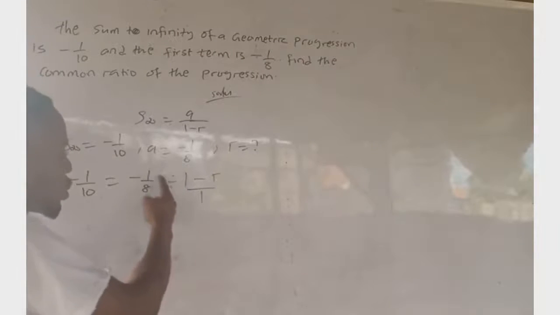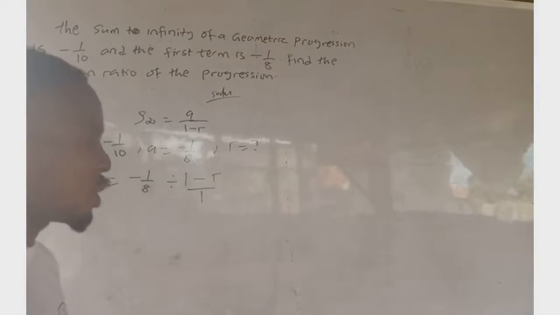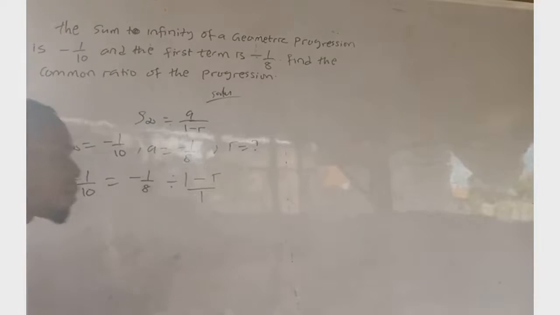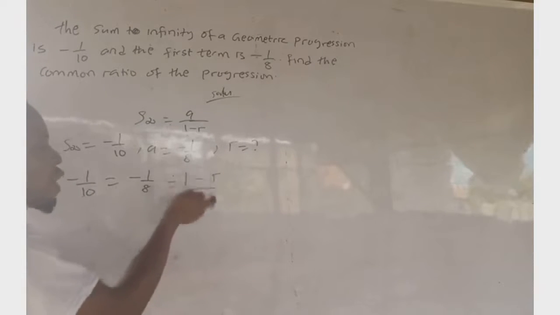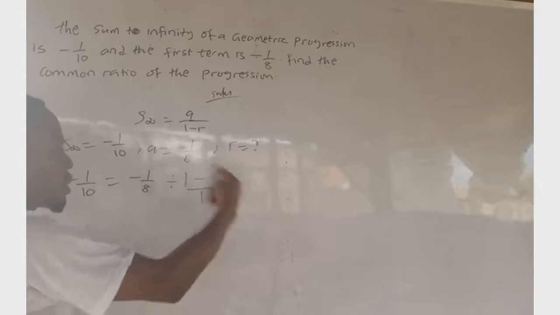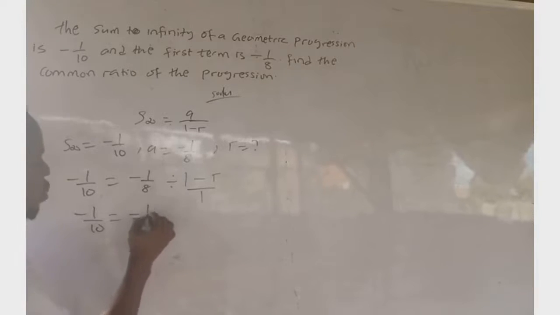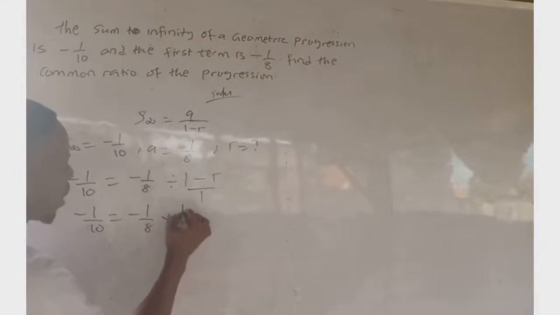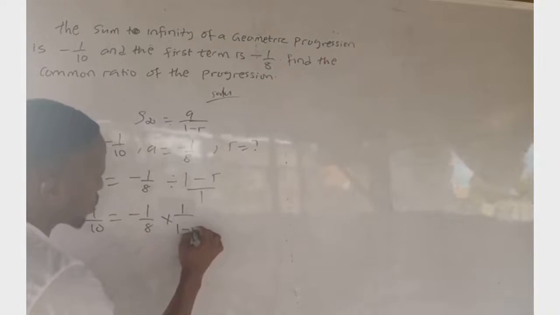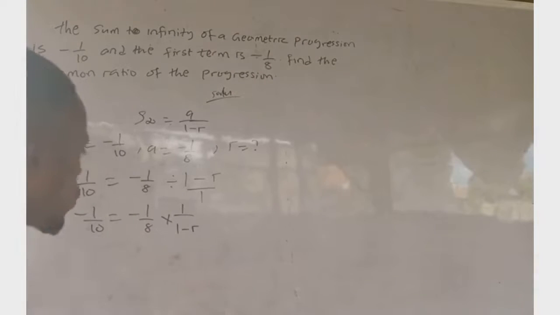Now let's change the division into a multiplication. If we take the inverse of the second part, this one goes up while this one comes down. So minus 1 over 10 is equal to minus 1 over 8 multiplied by 1 over 1 minus r.